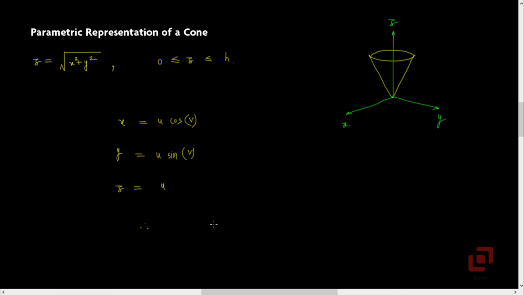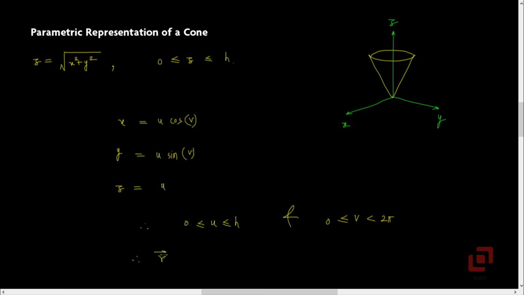Therefore, the range of u will be from 0 to h and the range of v will be from 0 to 2 pi, as the cross section of this right circular cone is a circle when taken perpendicular to the z-axis.